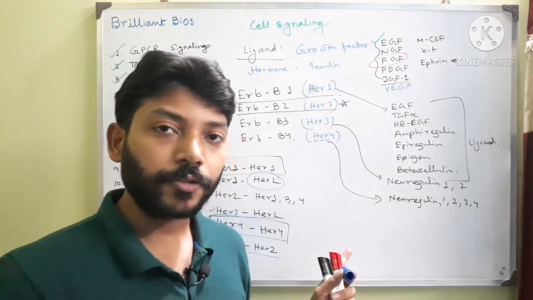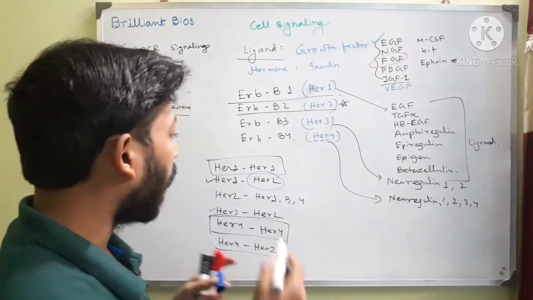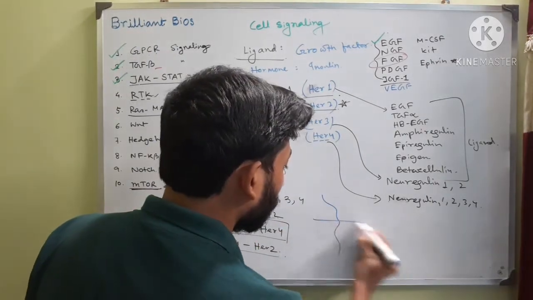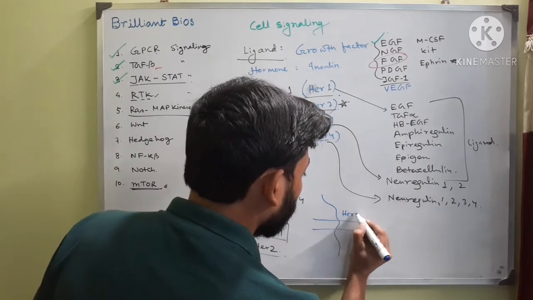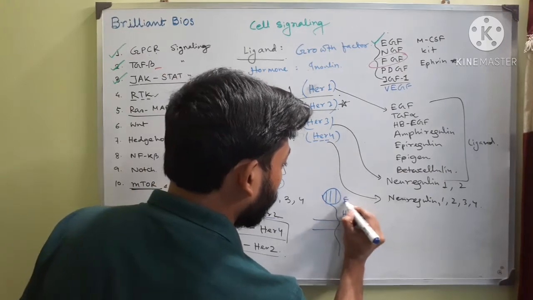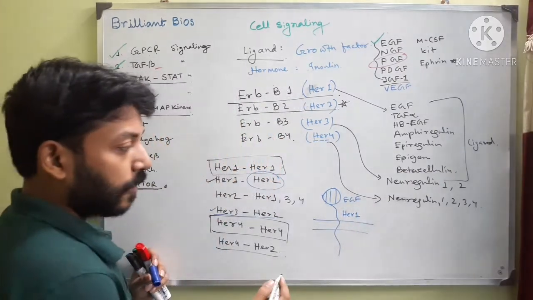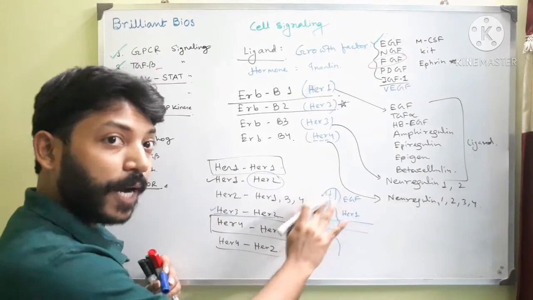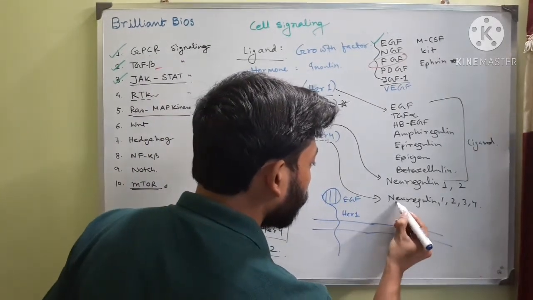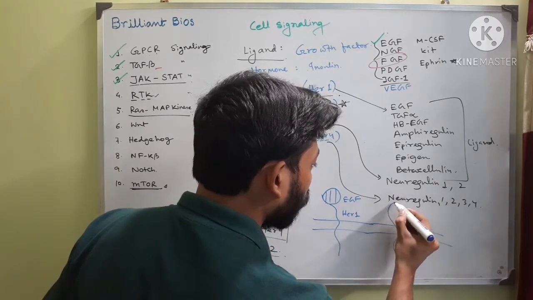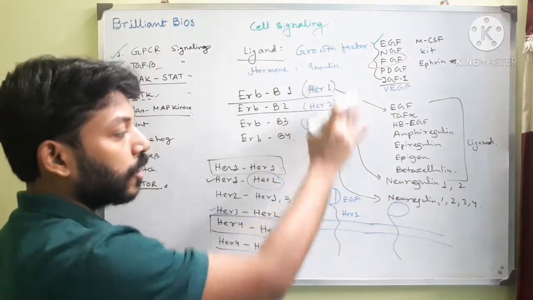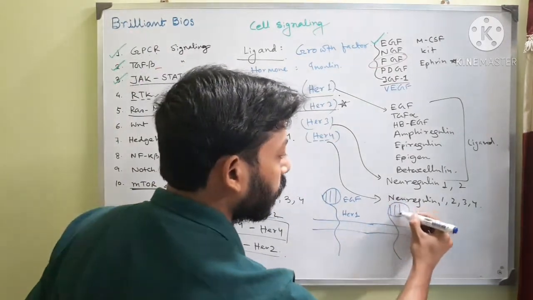The HER2 looks similar to HER1 when HER1 binds with EGF. Let's assume this is HER1. When it binds with EGF, epidermal growth factor, this is HER1 bound with the ligand. But the shape of HER2 is very similar to this HER1. It does not bind any EGF, but it looks as if it is bound with an EGF.